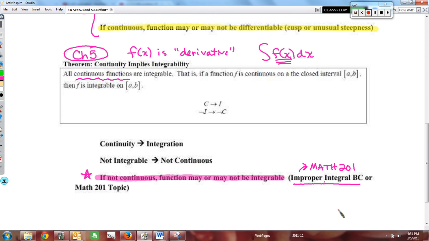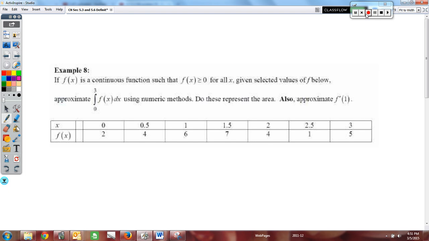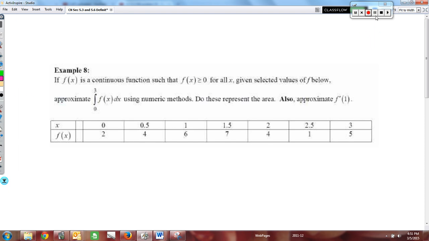So that's our BC and our 201 topic. All the ones that you are going to look at, you are going to be able to integrate. But we definitely need to know this: if it is continuous, we can integrate it, and if we can't integrate it, then it's not continuous. All right? So I'm going to stop this video here and pick up and do the examples in the next one.